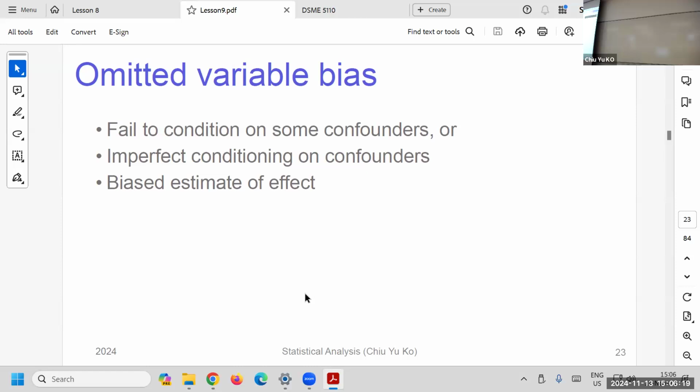Or these are imperfect measurements, or the bias is a problem. The omitted variable bias is when you miss the data. Remember when we run multiple regression, compared to single regression, missing the data is different, because remember the example of the car with the age and mileage? If you miss that, it will be very different.